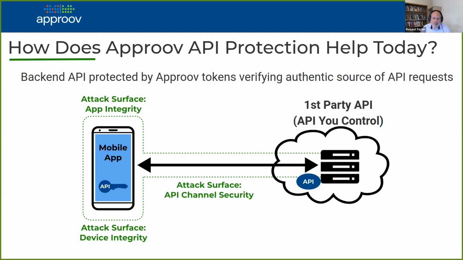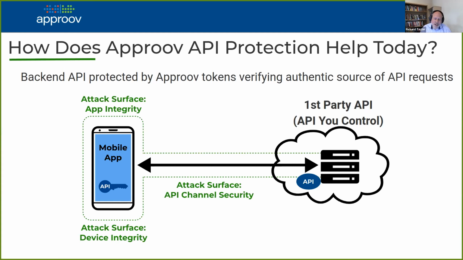And what Approov is about is protecting various attack surfaces. So it's about proving app integrity. Rather than using an API key to prove the presence of a particular app, it uses a signed token approach, and it's proving that app integrity.